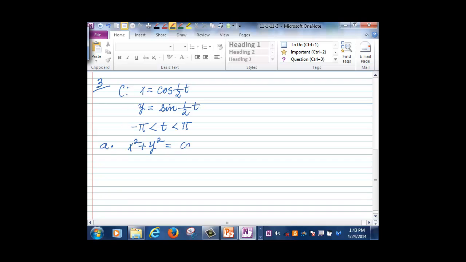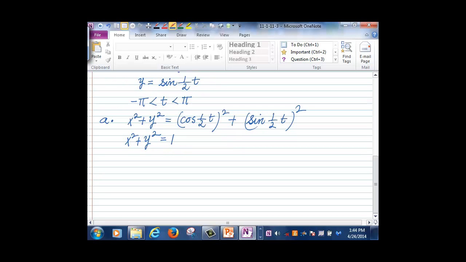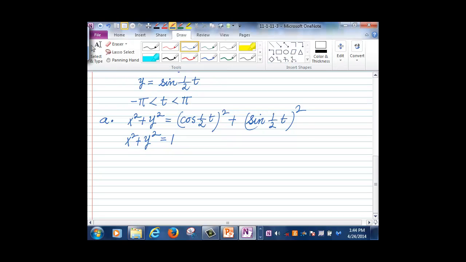X is cosine of half t, so that's squared, plus sine of half t squared. What is sine squared plus cosine squared? So we know that x squared plus y squared is then 1. So we know that the curve is basically part of the circle. So let me make a circle here.